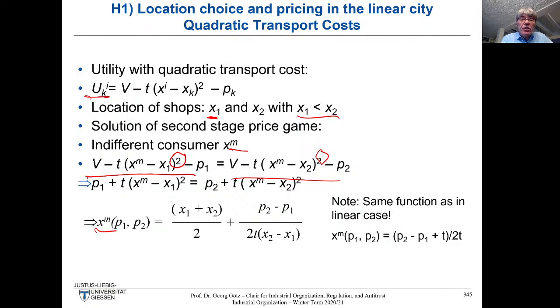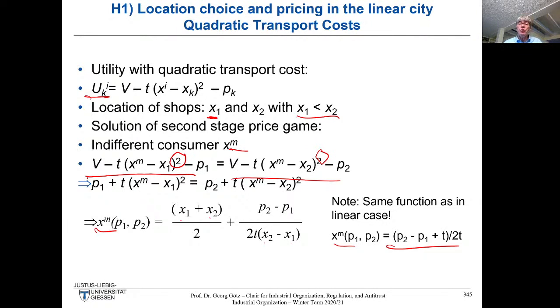Remember up there, we wrote down this condition. Actually, if you assume that x1 is 0 and x2 is 1, you get exactly the same, because here you would get 1/2. This is just t over 2t plus p2 minus p1 over 2t, because that would be 1 minus 0. Exactly the same. So you see there is not much of a difference in terms of the results.